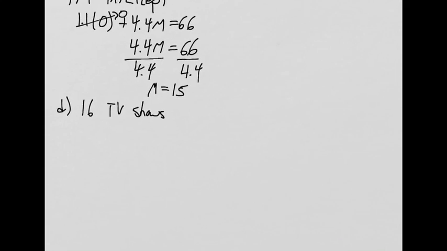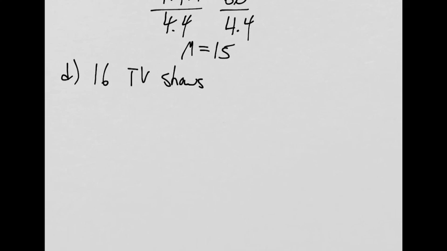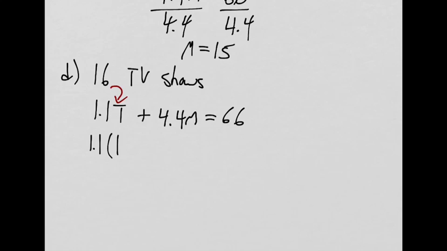The question is, how many movies could he fit? Well, in this equation, 1.1t plus 4.4m equals 66, they tell us the value of t, right? There are 16 TV shows. So we're going to put in 16 for t and then solve for m.